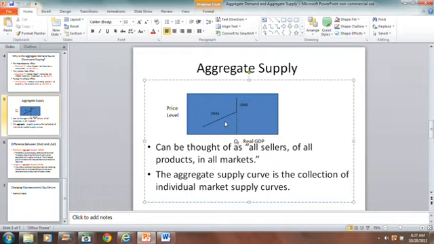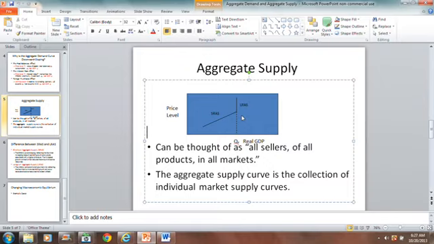So you take all those market supply curves, mesh them together, but then you add a dose of reality by saying, okay, those sellers can only produce to the extent we have resources, and once those resources are fully utilized, the aggregate supply curve becomes vertical. So at full employment, output can't change, real GDP can't change. The only thing that can change is the price level.